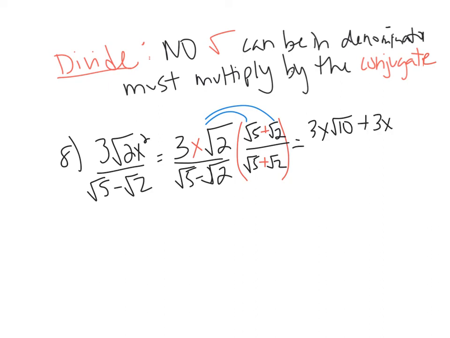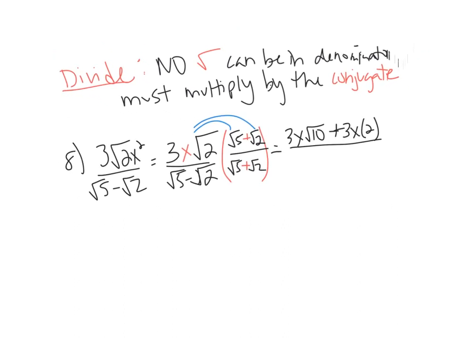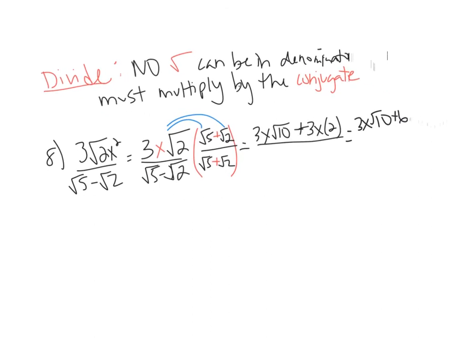I don't have numbers on the outside, so it's 3x. Root 2 times root 2 is actually square root of 4, which is 2. So this will eventually simplify to 3 times 2 is 6, so 6x.